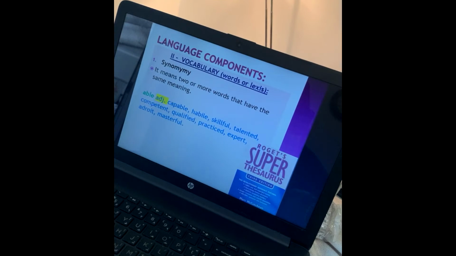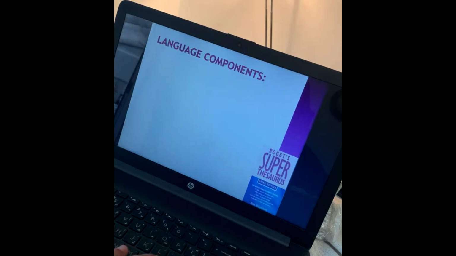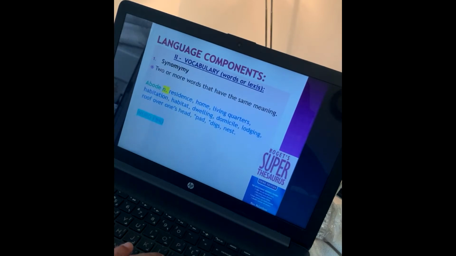Now, of course, words like able and capable, talented, skilled, these are all under one entry, which comes in the dictionary for masterful, practiced, expert. So you see, these synonyms do help with your translation as well. Here's another example of synonyms, for example, the word abode.